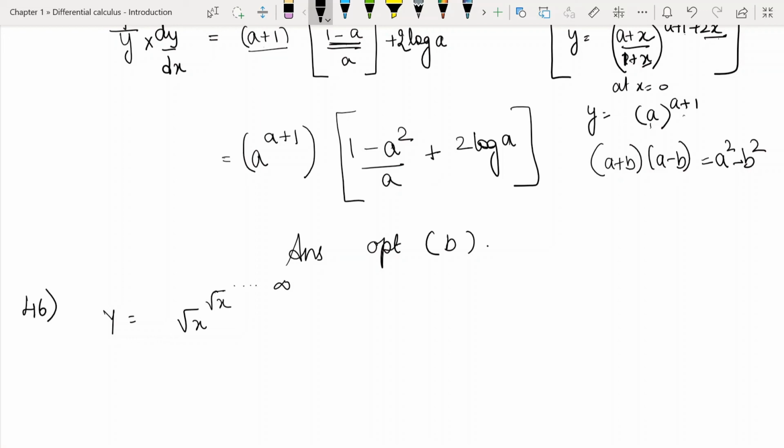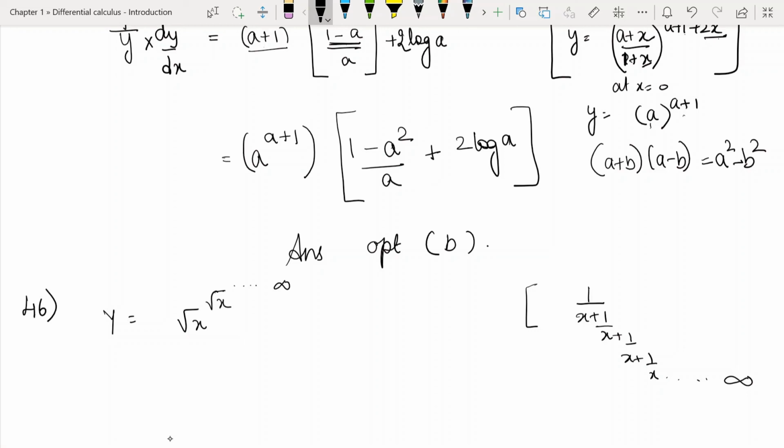to infinity. The meaning of this, I think we have done in the equations chapter also. In the equations chapter you had a problem where you had something like 1 by x plus 1 by x plus 1 by x, and so on up to infinity.